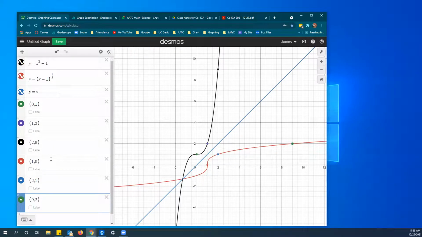Okay, but here's the other interesting fact. There's symmetry here. And what I really am interested to know is how the slope at this point compares to the slope at that point. Well, they're both positive, right?